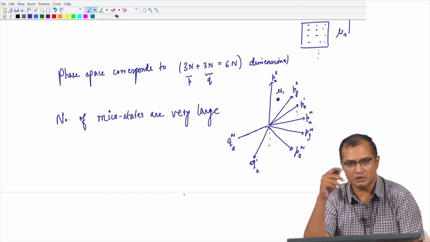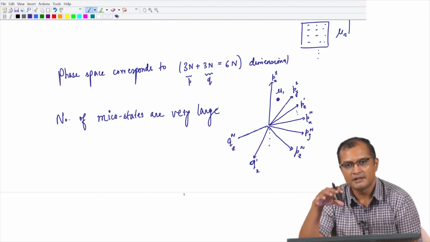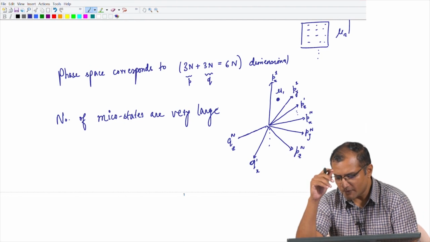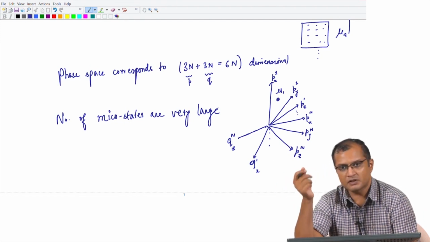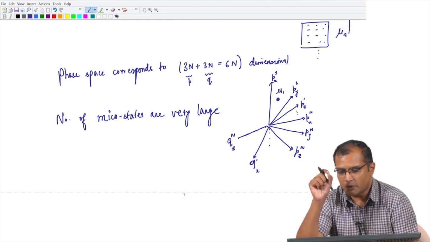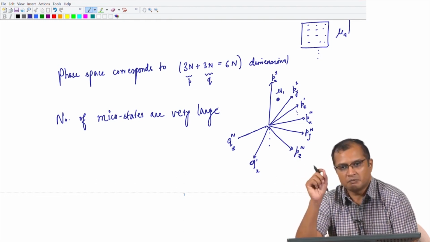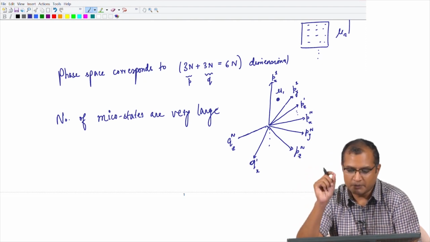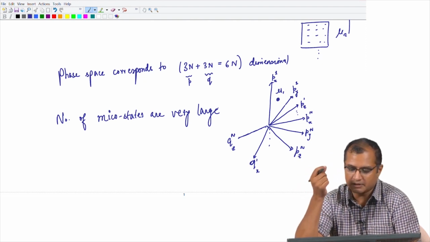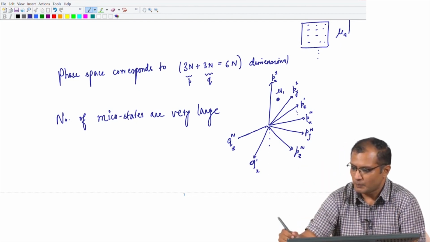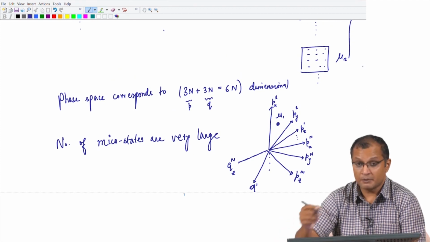and they seem to sort of occupy the phase space in such a way that the projection of each microstate on the corresponding axis gives the coordinate of momenta or the position of a particular particle on which you are projecting the microstate.